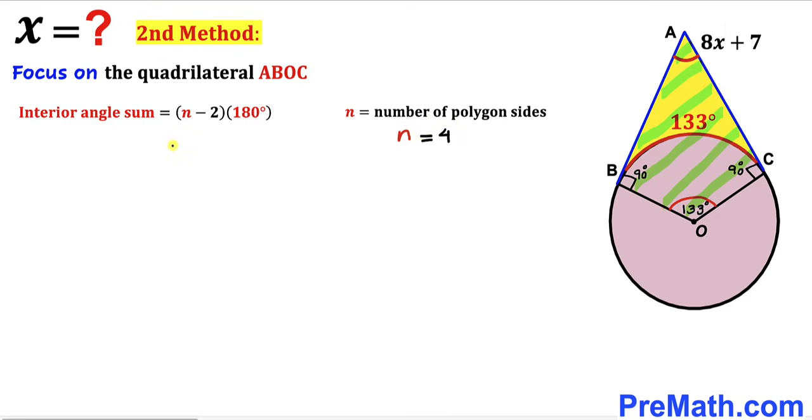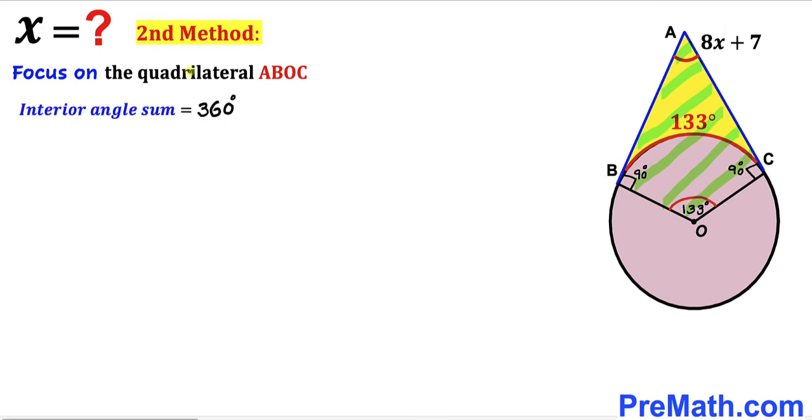So the interior angle sum is 4 minus 2 times 180 degrees. If we simplify further, that gives us 2 times 180 degrees, which is equal to 360 degrees.